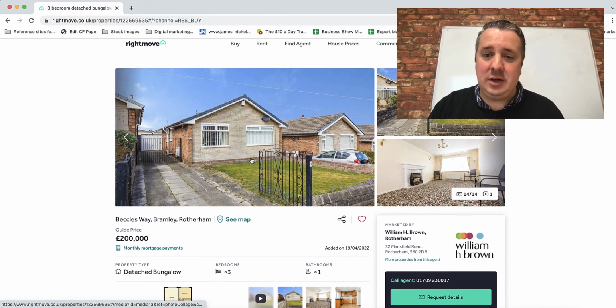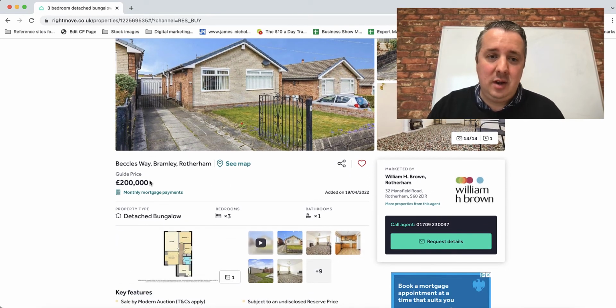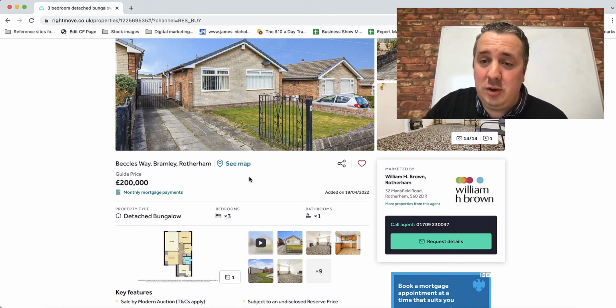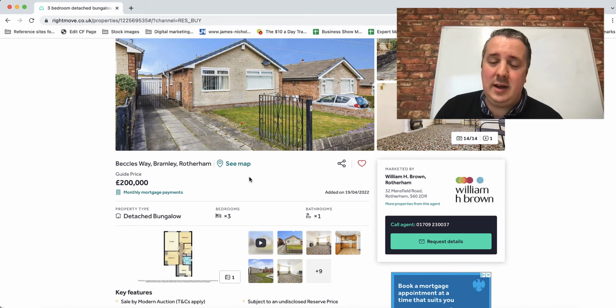So the estate agent, if they were to sell this house through their normal estate agency, they might be looking at getting along the lines of 1% for selling this, so £2,000, right? Whereas with this modern method of auction here, they're looking to get at least £8,000, nearer £10,000 for selling a property.